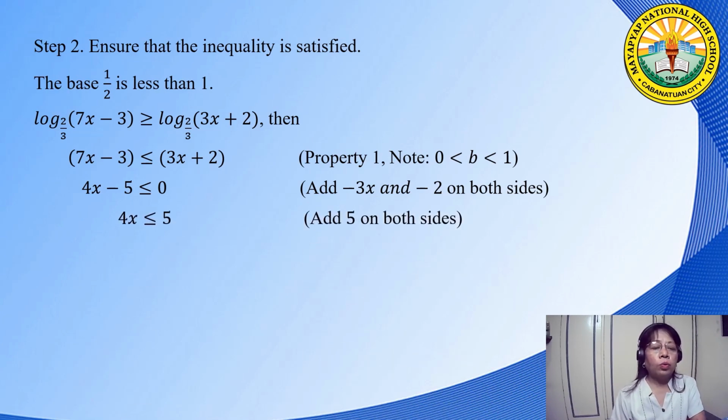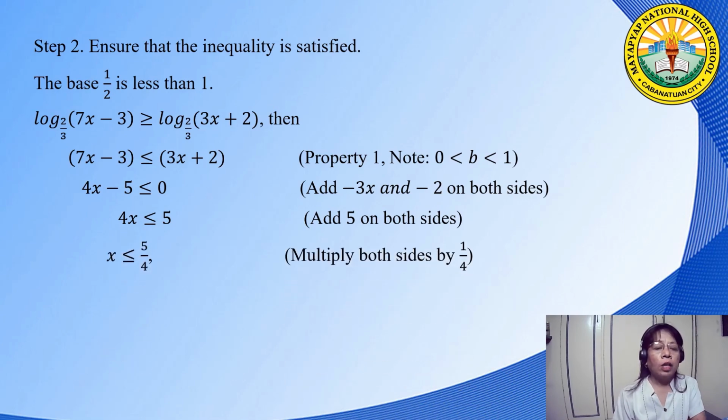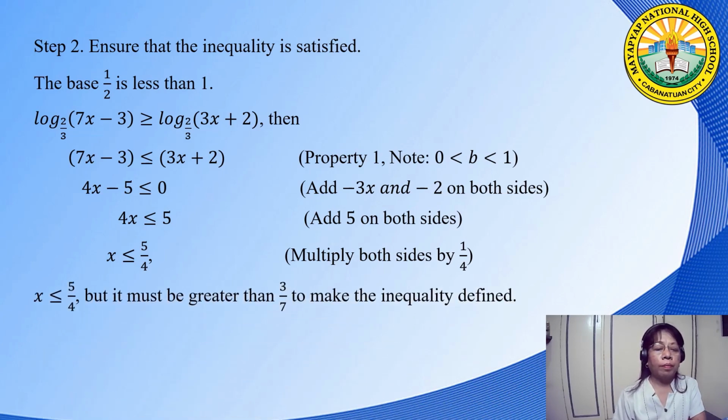Then to solve for the value of x, you add positive 5 on both sides. It becomes 4x less than or equal to 5, and then multiply both sides by 1/4, and x becomes less than or equal to 5/4.